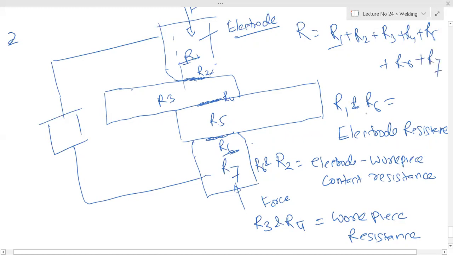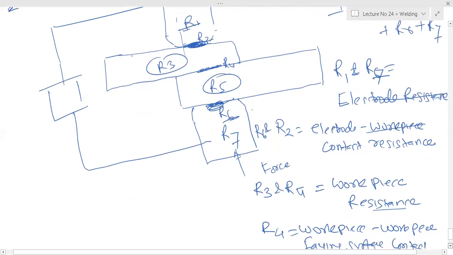So R1 and R7 are your electrode resistance. Then R2 and R6 are electrode workpiece resistance, and R3 and R5 are workpiece resistance, and R4 is your faying surface resistance, contact between workpieces.